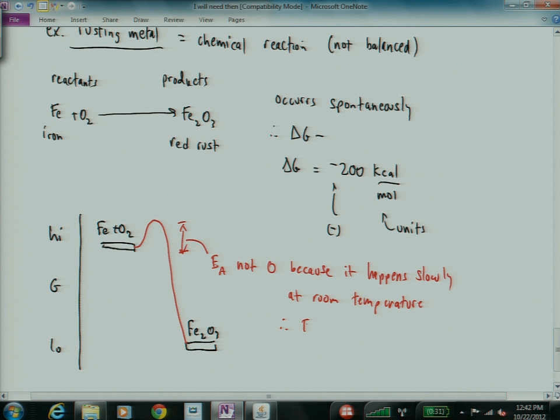The conclusion that I'm drawing here is the following. Because my car does not rust immediately, that means it takes some amount of energy to get that reaction started, to get those molecules to react. And so there's some activation energy. At room temperature, only a small number of the iron atoms in your car and oxygen molecules have enough energy to react.